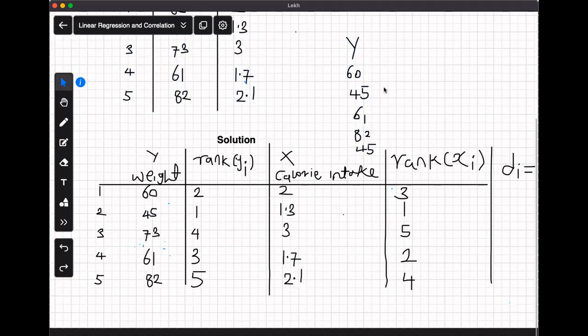Now, in this case, you start with 45, but because there are two numbers that have the same value, you are going to rank them equally. In order to obtain the rank, you take the two ranks, add them and divide. What do I mean?